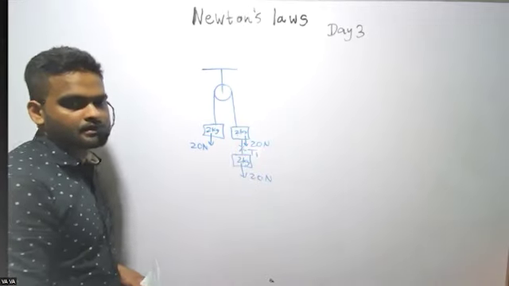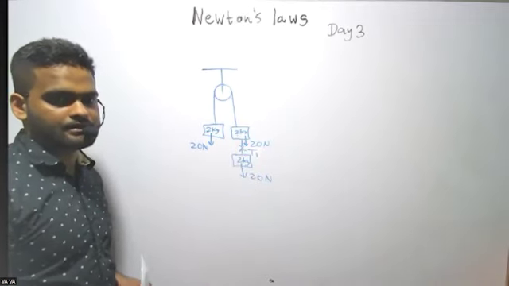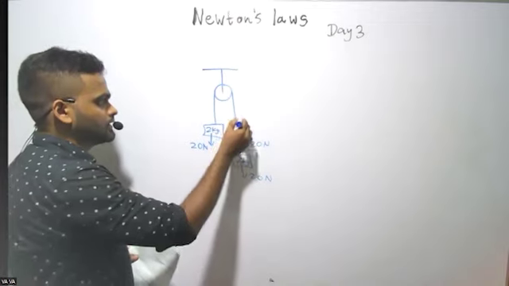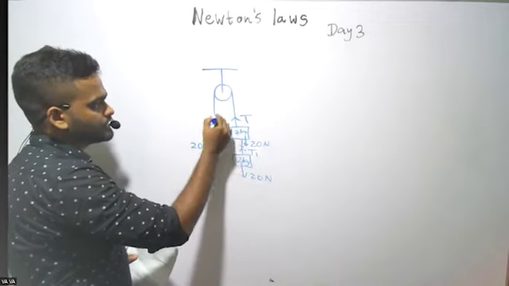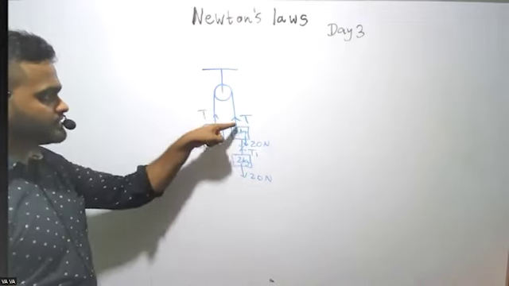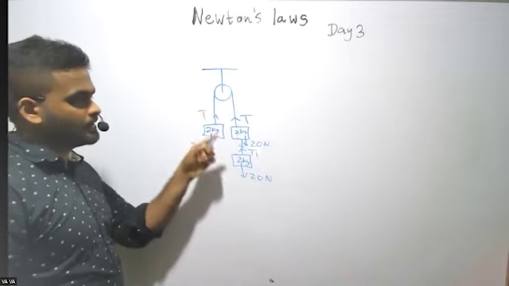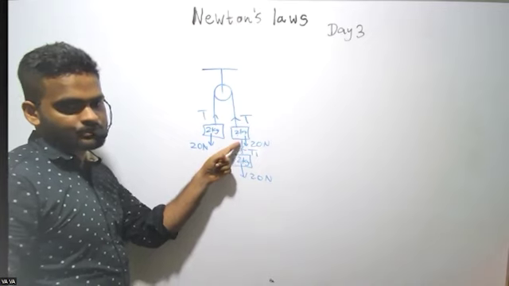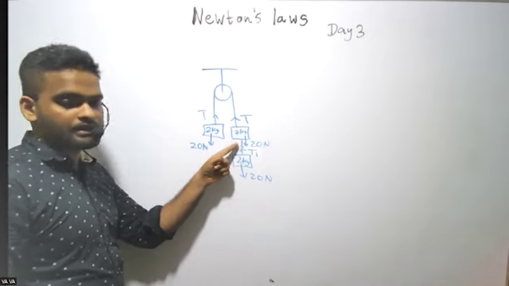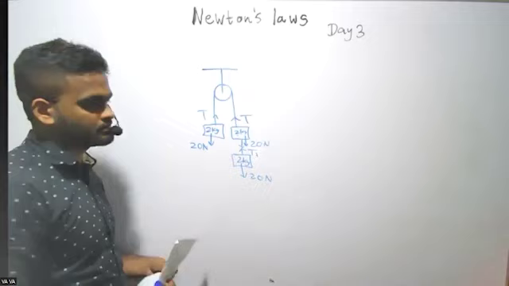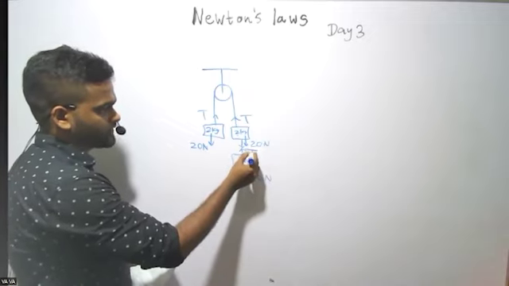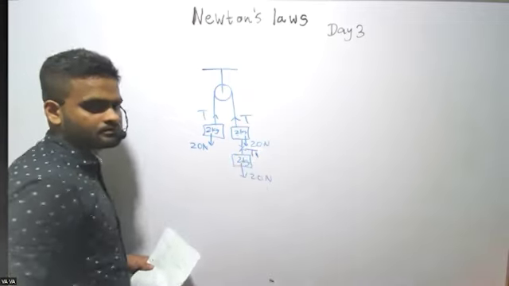And the tension of this one is T. This is the same string, so we have the same tension all over here. But this is a different string, so we have a different tension, that is T1. What they ask is T1.